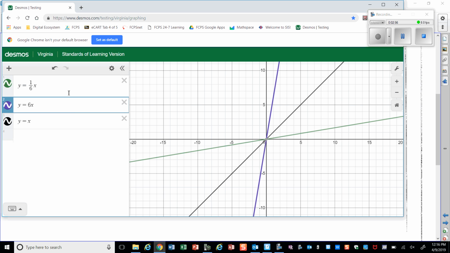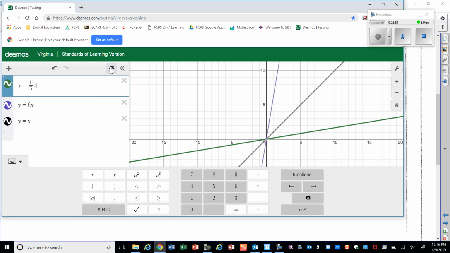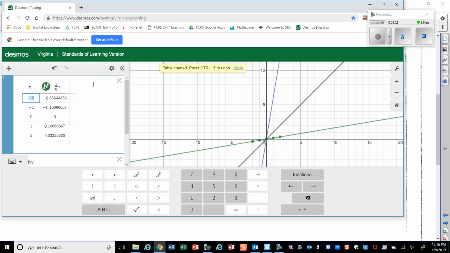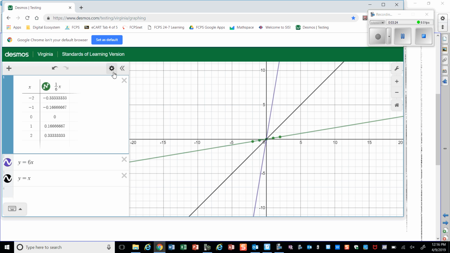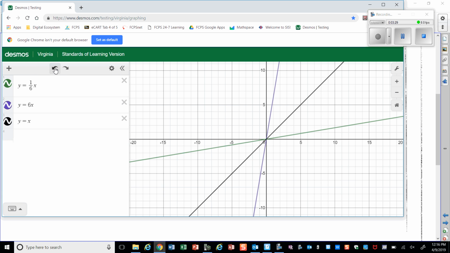All right, so actually let me come up here and look at the table for my original function. Let me close that out. Why can't I see that point?